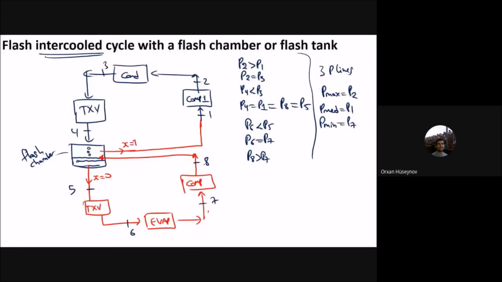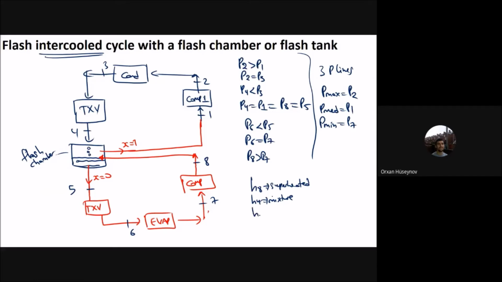And if I compare the enthalpy values here, H8, H5, and you have H1 and H4. H8 is superheated. Then you will have this one mixed with H4, which is a mixture.